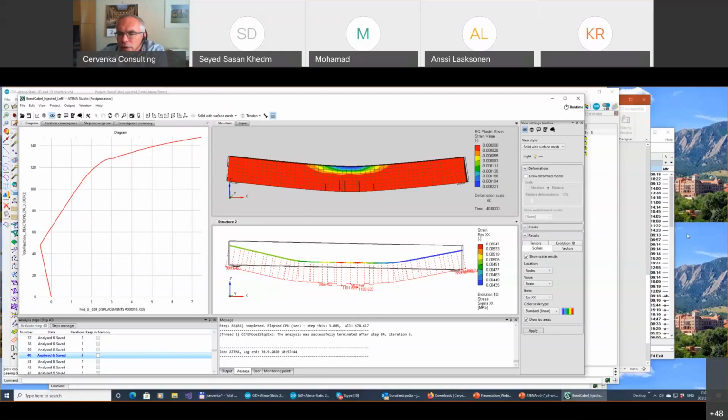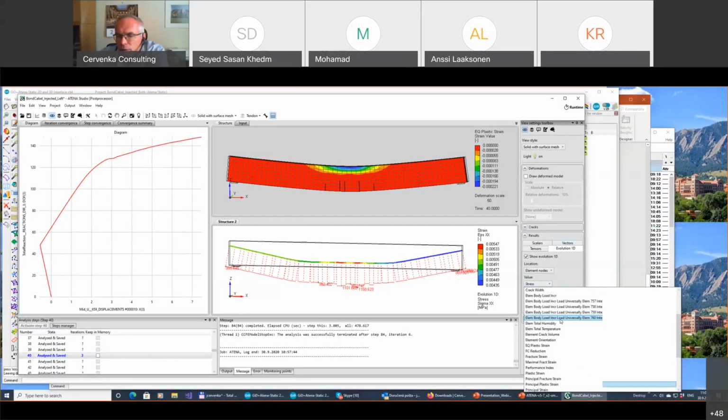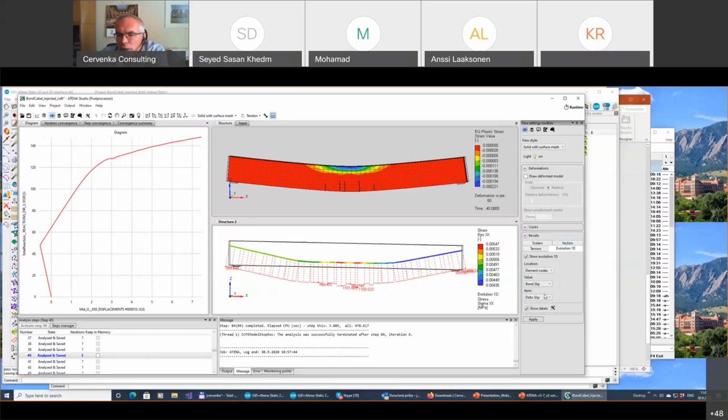What is also interesting to see is that we can look at the slips in the tendon. So I can go here, and here we have various options for how to display what's going on. We can either display things as scalar on the reinforcement, or we can express results as evolution. The diagram now shows the stress, but maybe it's interesting also to look at the slips.